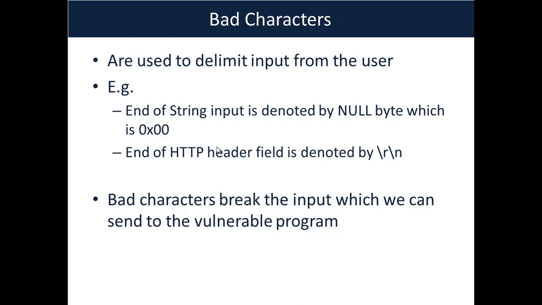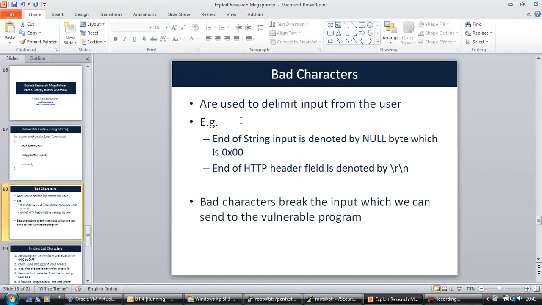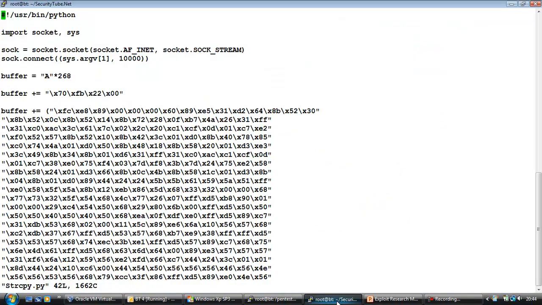The problem is that the 0x00 character is a null byte, and at that point strcpy thinks the string has ended. The moment strcpy encounters this value 0x00, which is part of the address of the top of the stack, that terminates the string entirely and doesn't even consider the rest of our input.